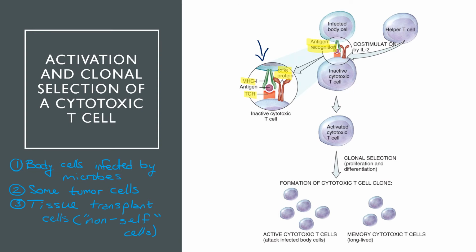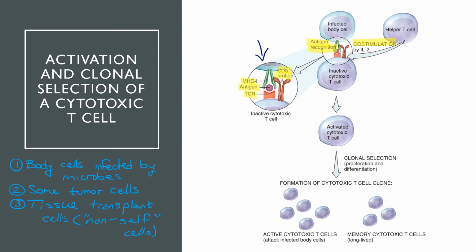The MHC1 molecule presents the antigen, and the TCR recognizes that MHC1 antigen complex, and then the CD8 protein is also involved in that antigen recognition, and then co-stimulation will occur.